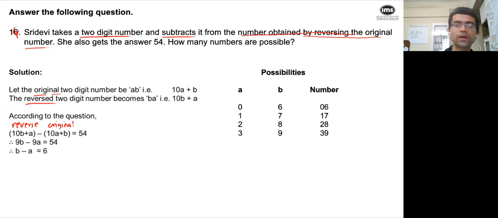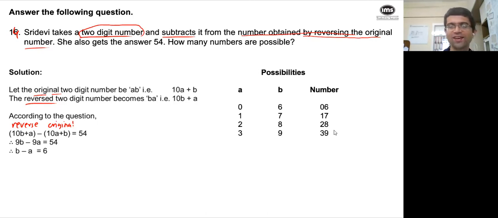Now, is there a problem with some of these cases? I have to take a 2-digit number. Can I say 06 is a valid 2-digit number ab?